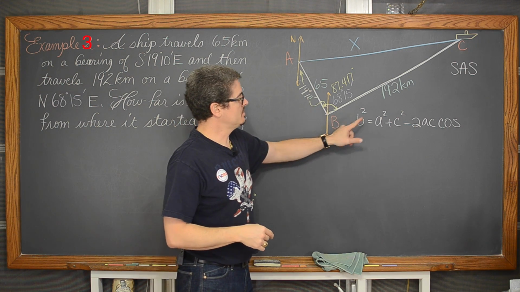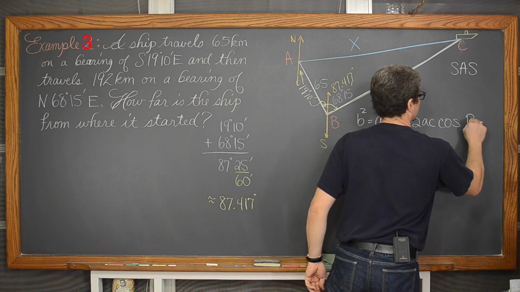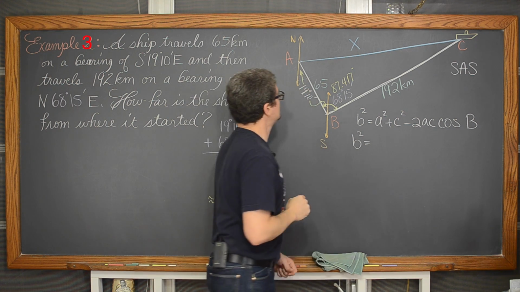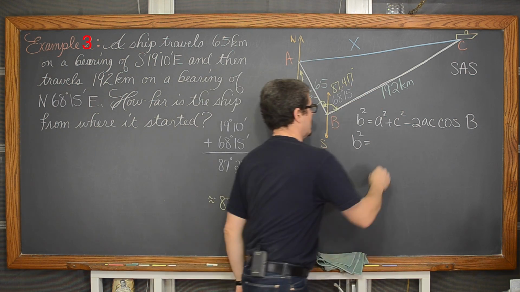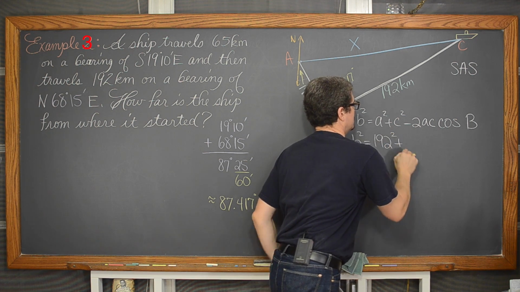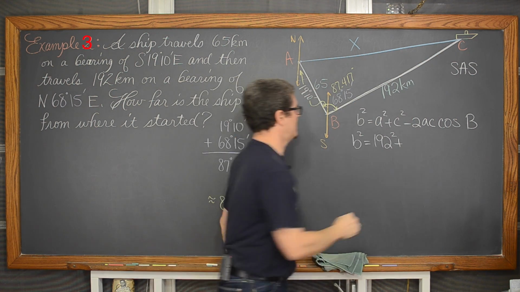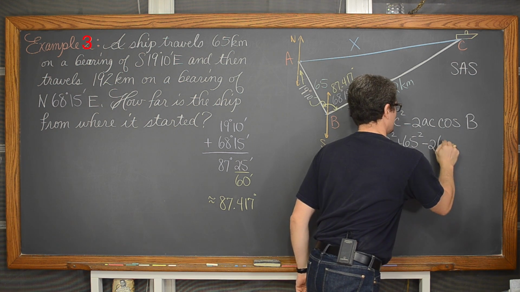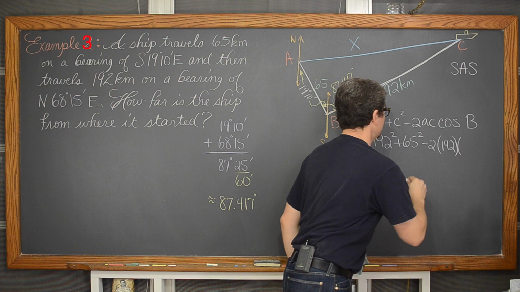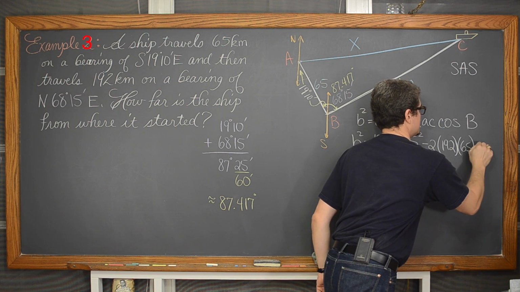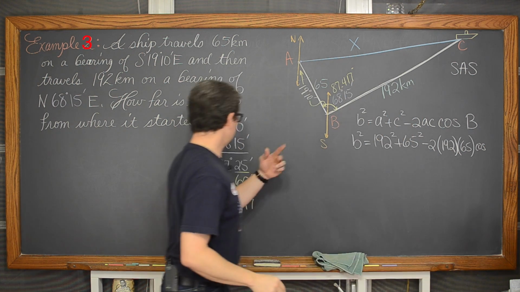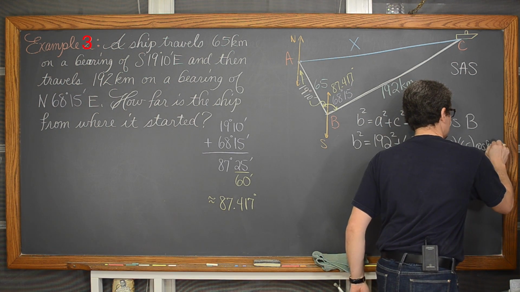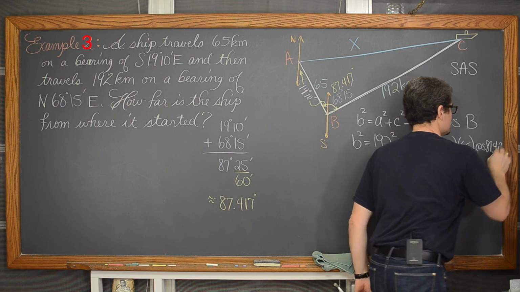So it's going to be minus 2AC cosine of B. And now we have B squared is equal to A squared, 192 squared, plus C squared, which is 65, minus 2 times 192, I'm running out of room, times 65 times the cosine of 87.417. This is why sometimes I pause the video, because I run out of room.